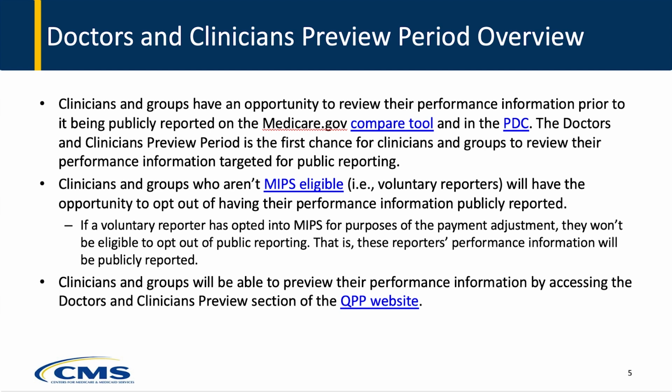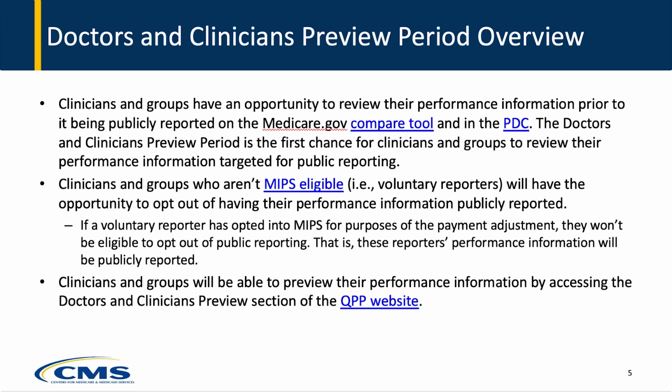Please be aware, the preview period isn't only for MIPS eligible clinicians and groups. Voluntary reporters, meaning those who weren't MIPS eligible but still submitted performance information, can also preview their performance information. During the preview period, voluntary reporters who submitted performance information are able to opt out of having their performance information publicly reported.